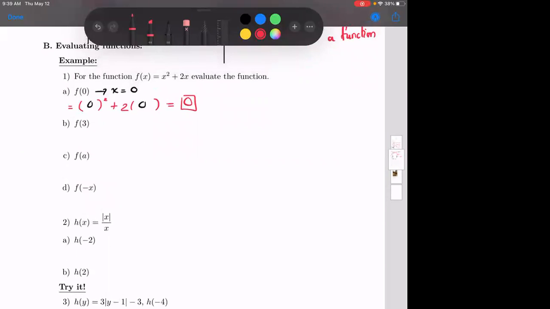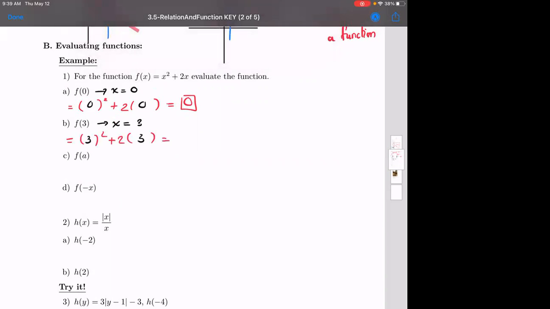F of 3. This implies you replace x with 3. So it equals something squared plus 2 times something, and that something now is 3. Good, thank you very much. 15.